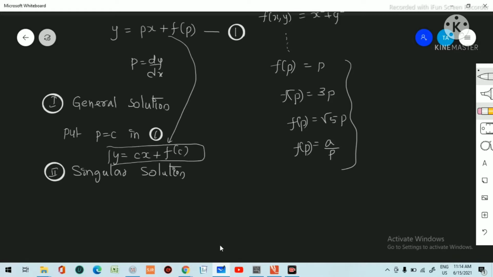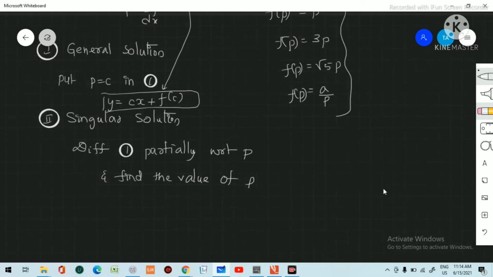That's all. To find the singular solution, we have to differentiate 1 partially with respect to p. What do we have to do to find the singular solution? We have to differentiate equation number 1 partially with respect to p and find the value of p.